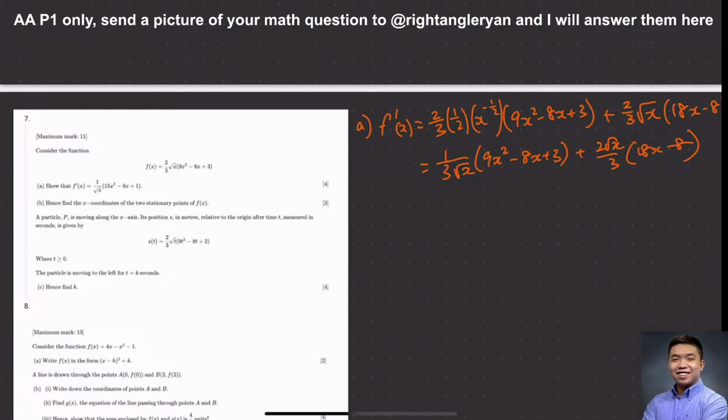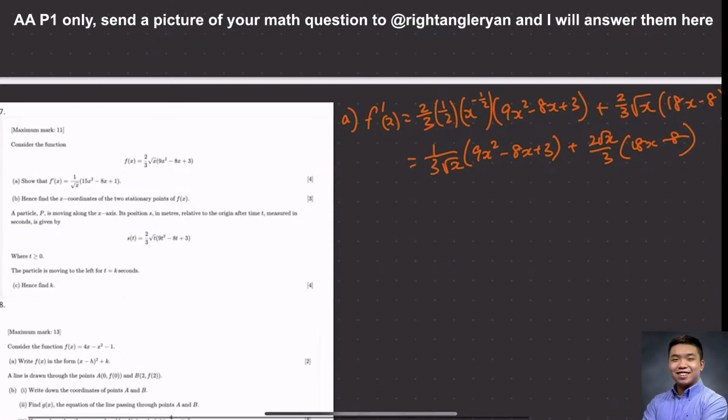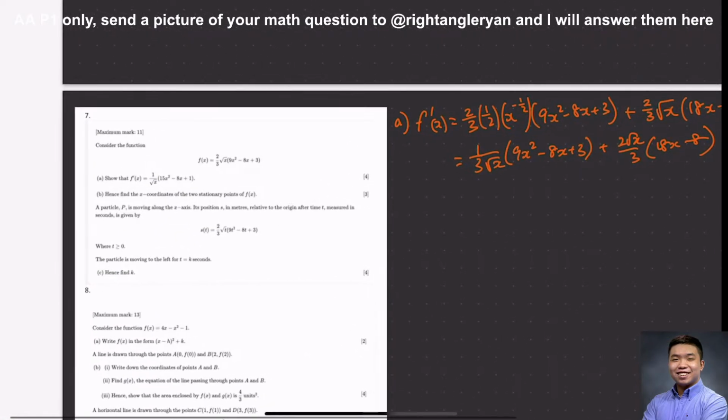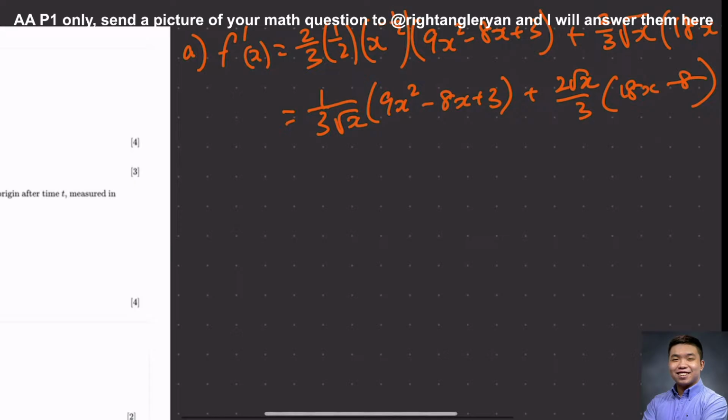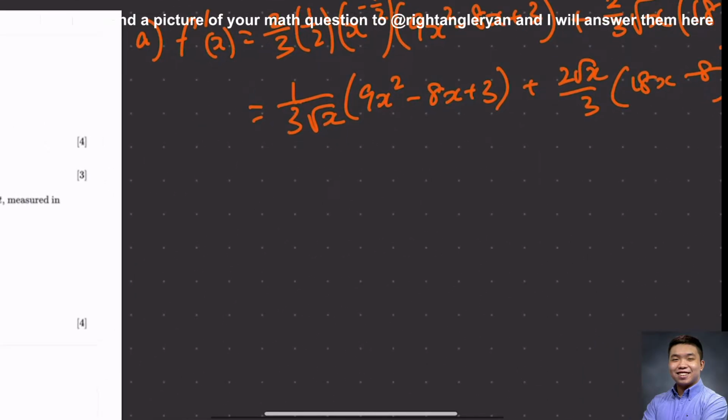What if I take out the 1 over... I want root x in the bottom. So maybe I can take out the 1 over 3? I can take out the square root, 1 over 3 root x maybe. So that will be 9x squared minus 8x plus 3, right?